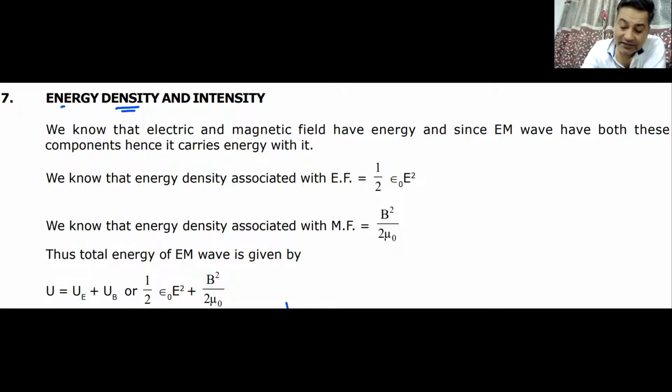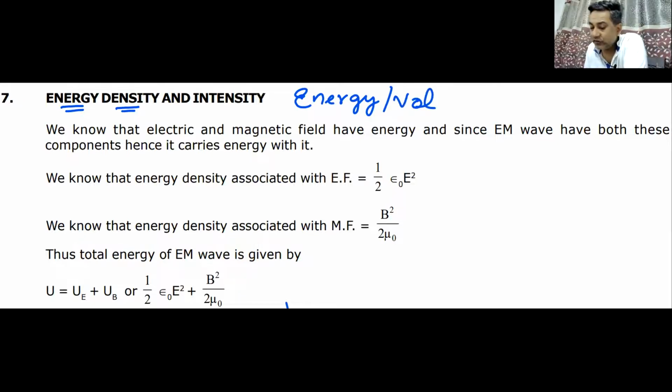Here it is energy density, so it means energy per unit volume. How much energy is stored in a unit volume is known as energy density. Do we understand this? Yes, sir.